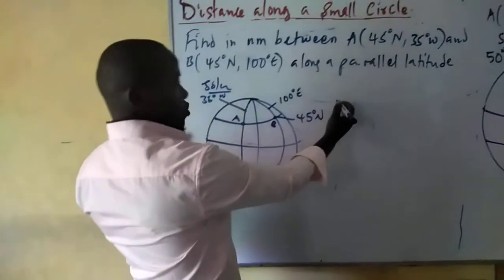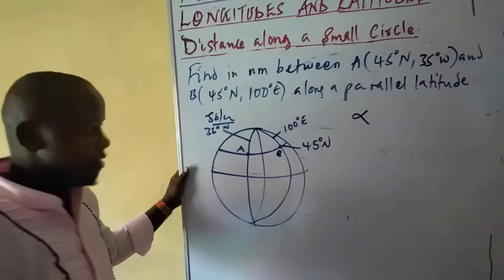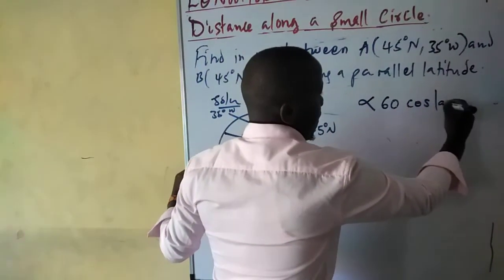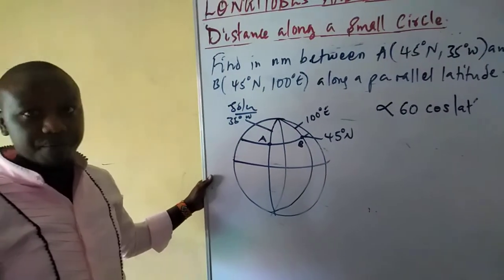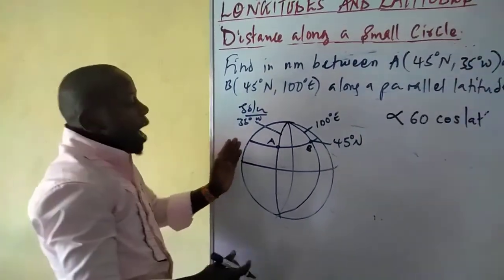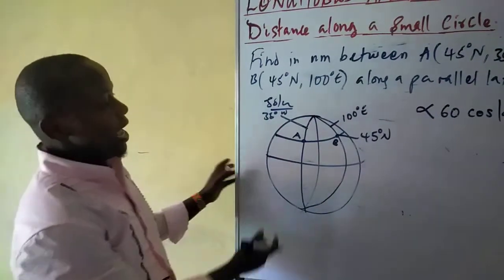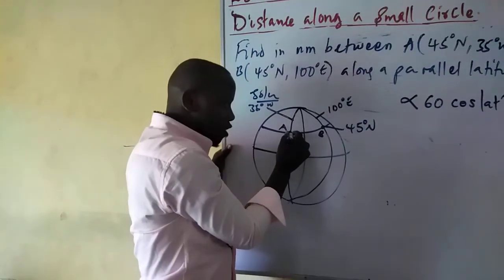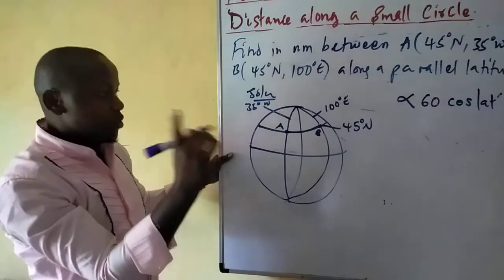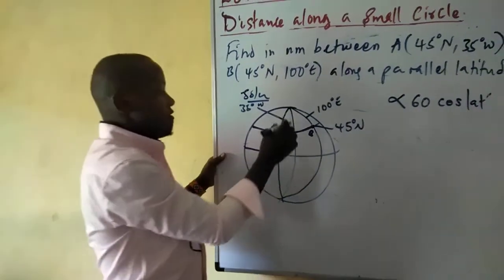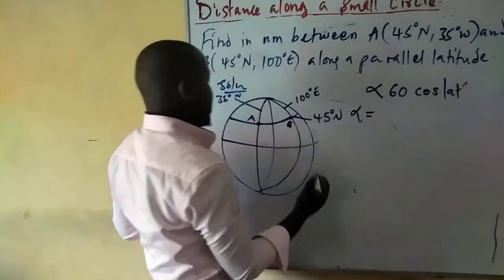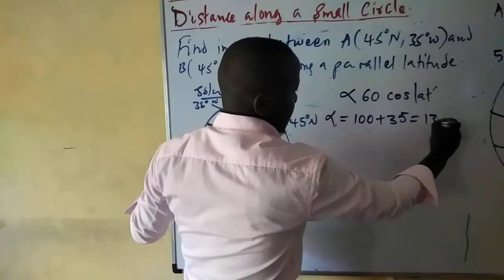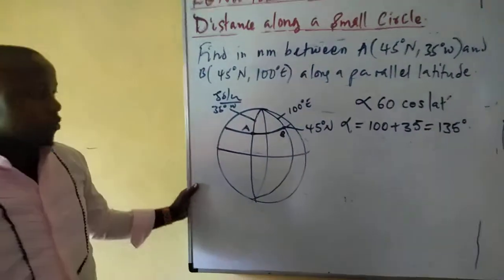In nautical miles, we said the distance is the difference in longitudes times 60 times the cosine of the latitude where the two places are. We can check: 35 west is this side, and 100 east. Therefore, the two places are on opposite sides of the prime meridian, and so for the longitude difference we take the sum. Alpha will be the sum of 100 and 35 because they are on opposite sides. In case they were on the same side, we would have subtracted.